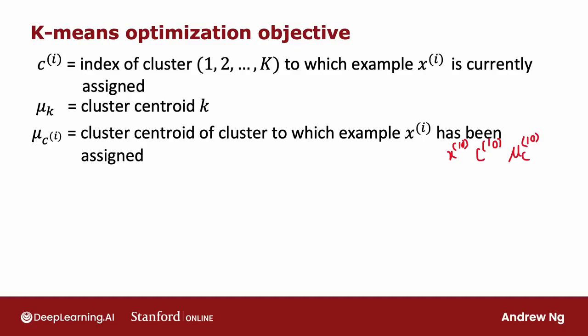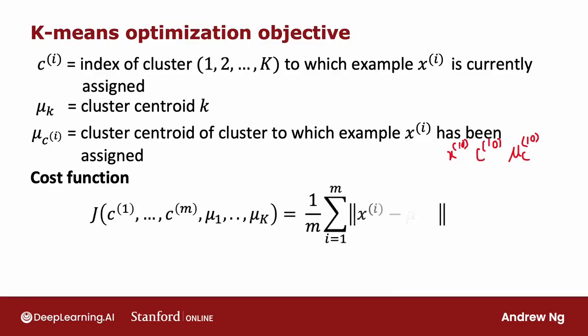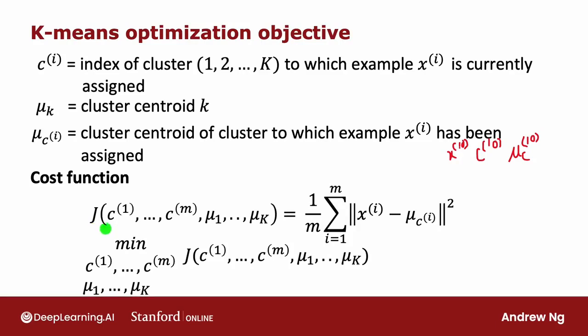So, armed with this notation, let me now write out the cost function that k-means turns out to be minimizing. The cost function J, which is a function of c1 through cm, these are all the assignments of points to cluster centroids, as well as mu1 through mu capital K, these are the locations of all the cluster centroids, is defined as this expression on the right.